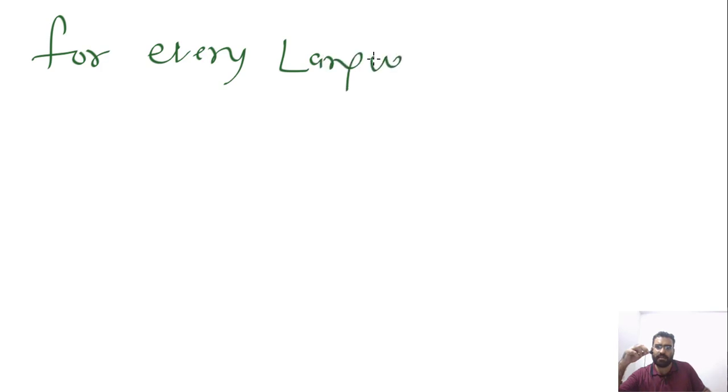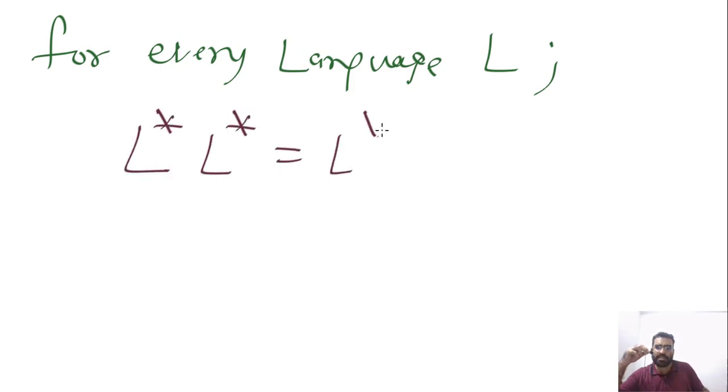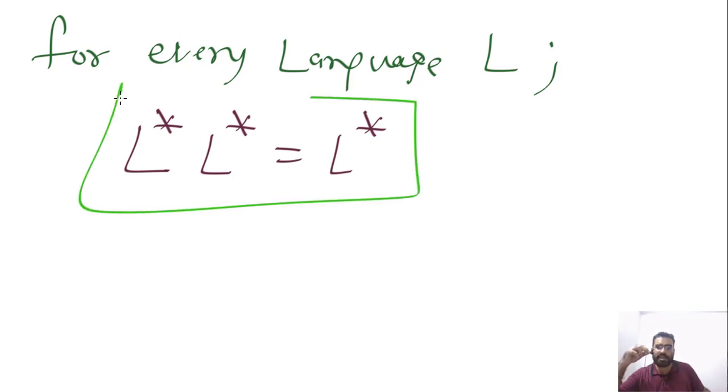So what we have done in this proof is this: for every language L, whatever language you take, we have proven that L star L star is equal to L star. This is the first result that we have proven.